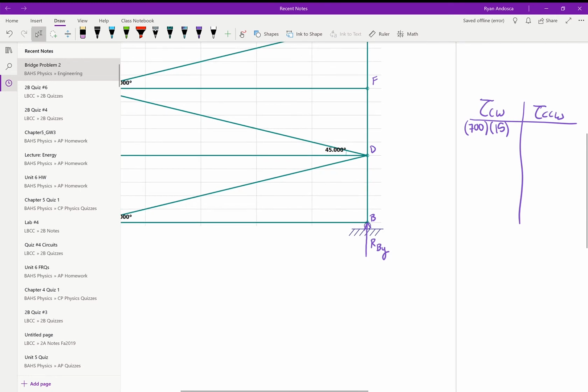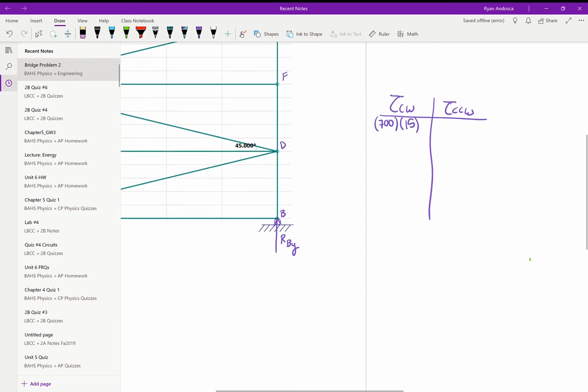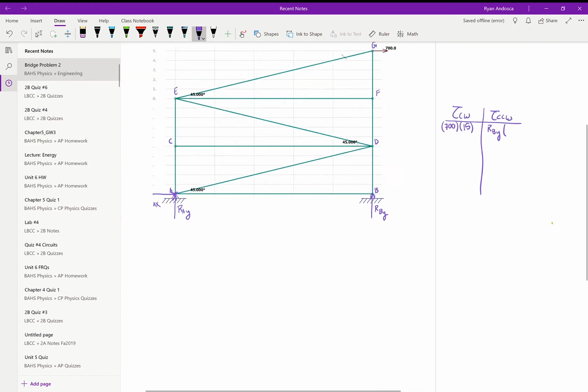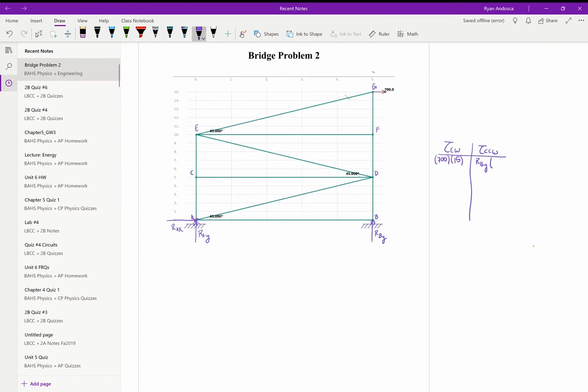Let's check to see if up does that. Up would turn it that way, which is indeed counterclockwise, so it is going up, and it needs to be whatever RBY is, multiplied by the perpendicular distance, which, since this is a vertical force, must be the horizontal distance of 5.